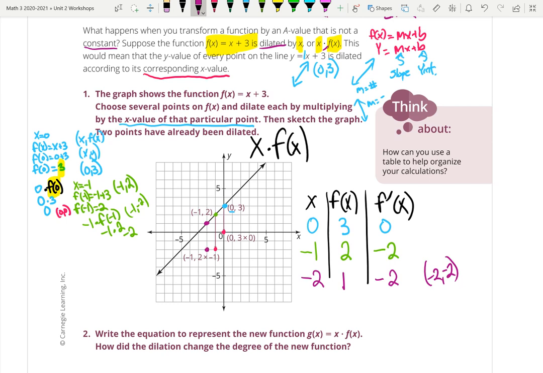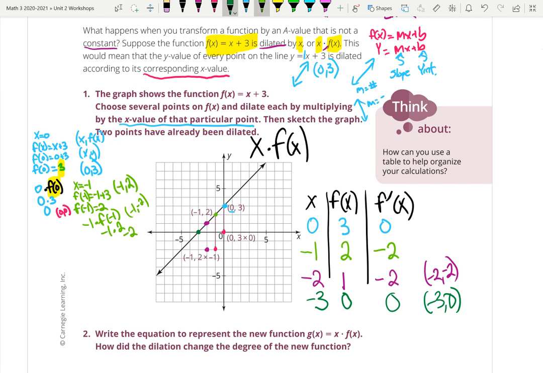Let's continue. I would go ahead and pick the next point, negative 3. Negative 3 on my graph is at the y value of 0. So when I multiply them, this point is going to be the same.